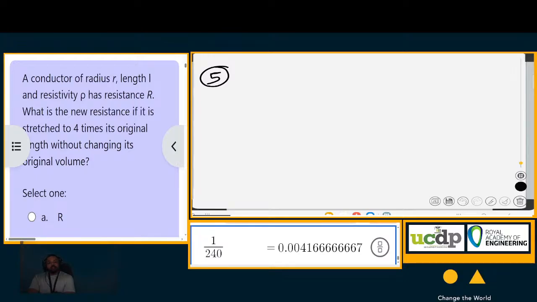What is the new resistance if it is stretched to 4 times its original length without changing its original volume? So the volume stays the same, but its length changes. Okay. We know that the initial formula for resistance is equal to rho multiplied by the length L divided by the area.